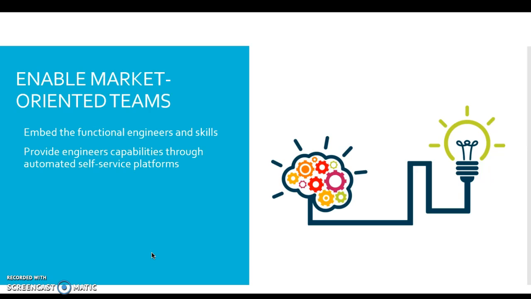The team itself has the power to choose, and that's going to be extremely helpful during the process. It will reduce the lead times, reduce the queues, and provide engineers capabilities through automated self-service platforms. Creating these self-service platforms will help a lot because it's going to automate the process. There will not be the need to think, because these very dull tasks will be automated.